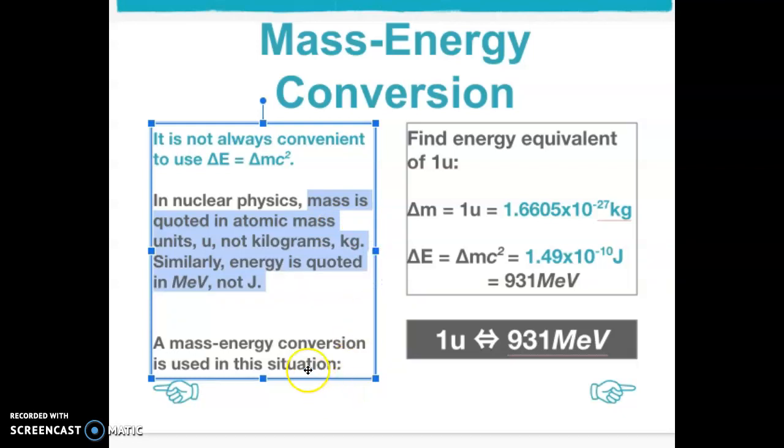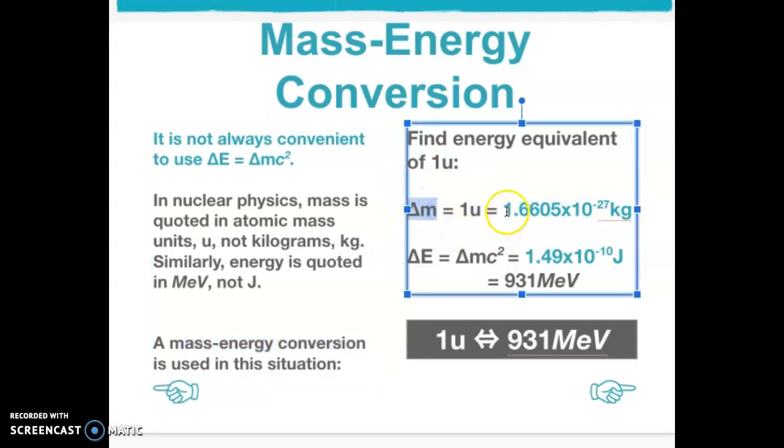So you can use a mass energy conversion as follows. 1 u is equal to a difference in mass of 1.66 times 10 to the minus 27, as you already know. And then this conversion is on the data booklet. 931 mega electron volts is equivalent to 1 unified mass unit. So you can use this conversion directly. And as I said already, this is actually on the data booklet.